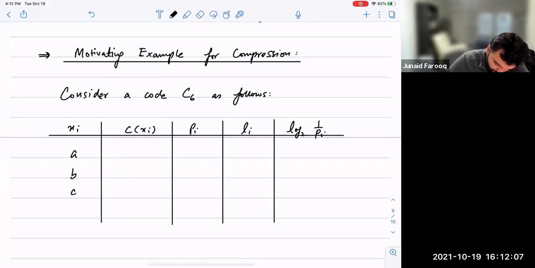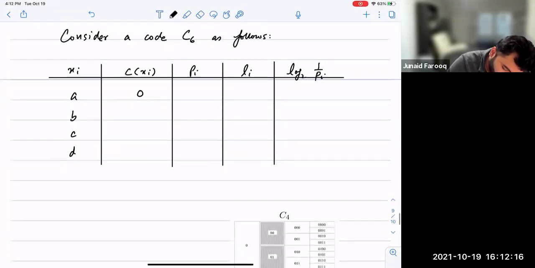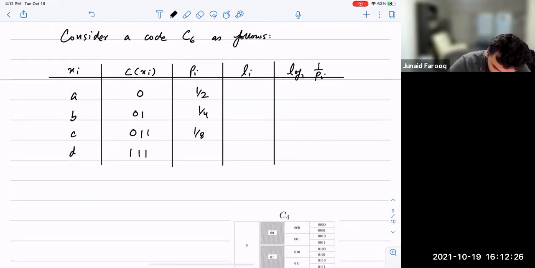Okay, again A, B, C, D. Now this time the code is 0, 01, 111, 110. So the pi's are 1/2, 1/4, 1/8, 1/8. And the length this time is 1, 2, 3, and 3.